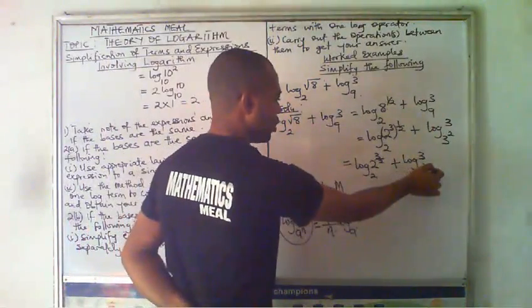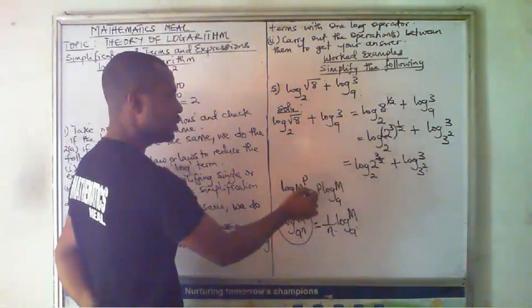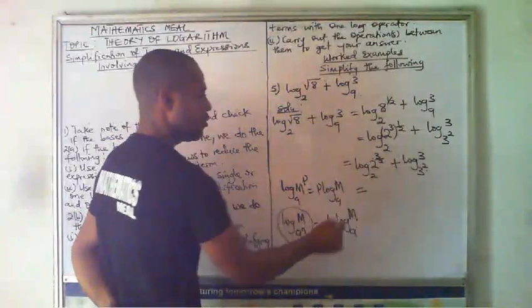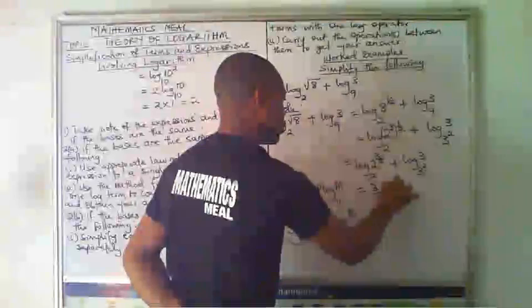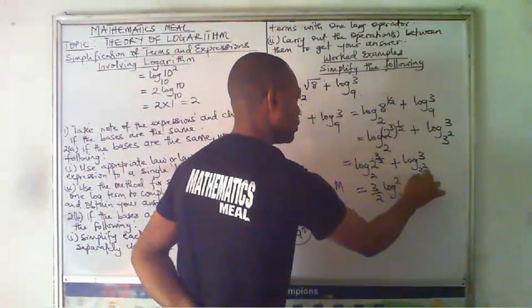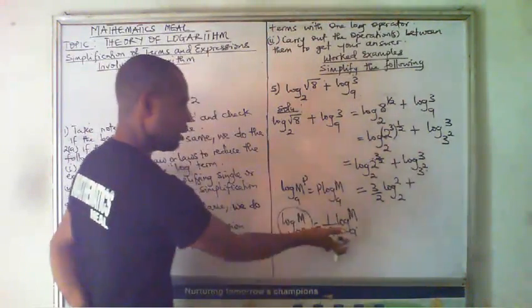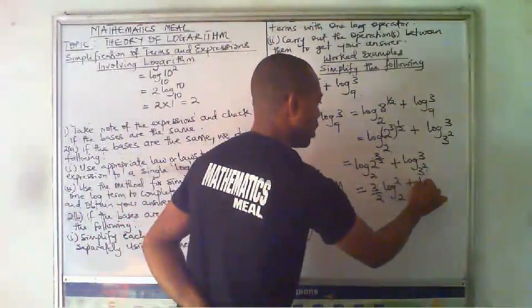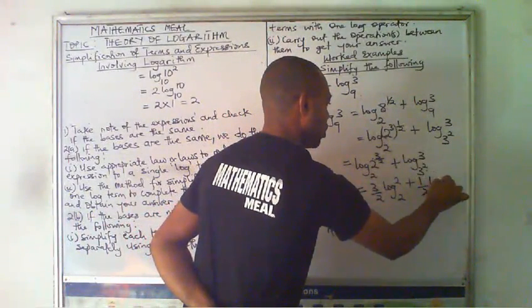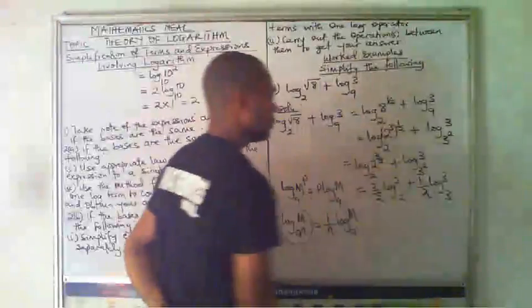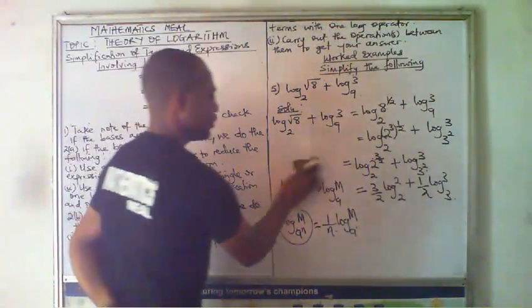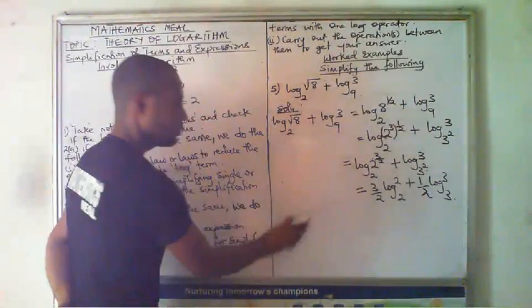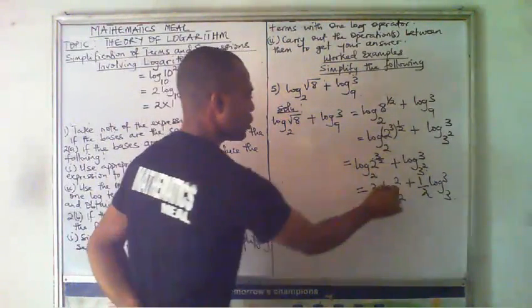Which is what we are going to apply here, while we apply this one on this. So if we do that, we're going to have 3 over 2 log 2 base 2 plus, now removing this, we write it in this form. It will now be 1 over 2 log 3 base 3. Oh, beautiful. Very beautiful. So what is log 2 in base 2?